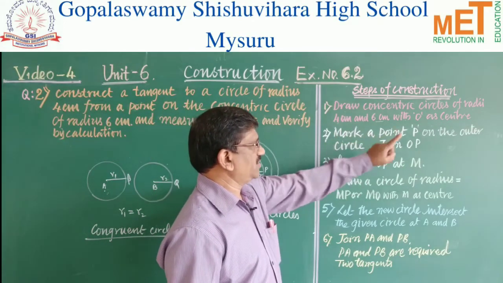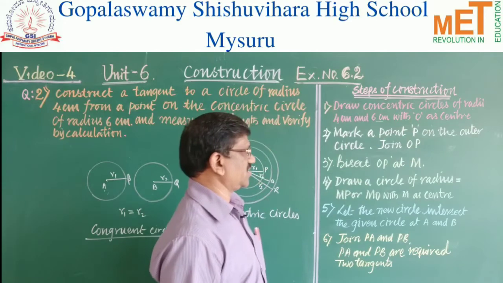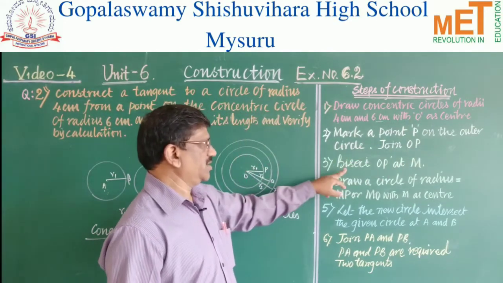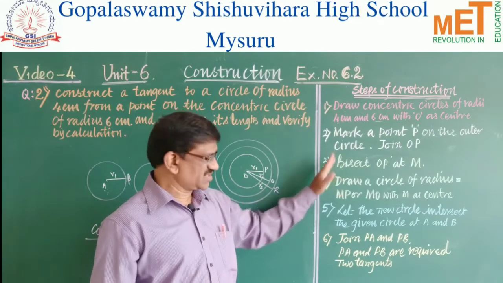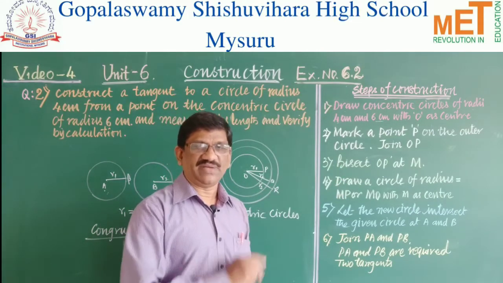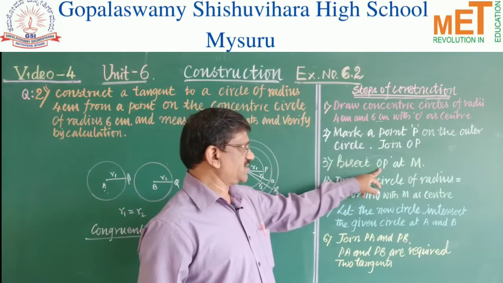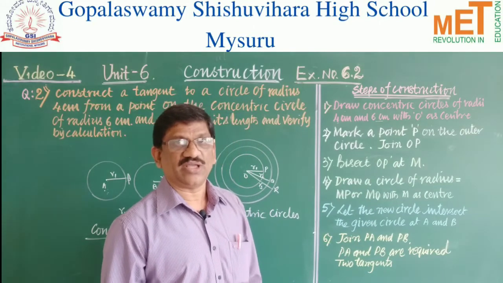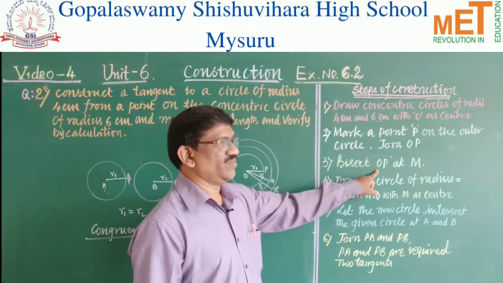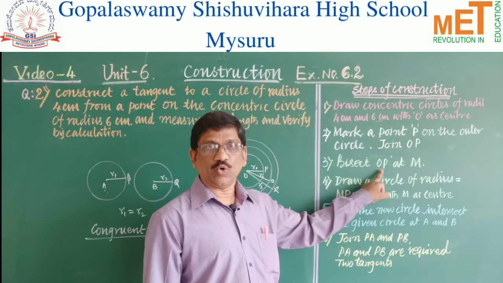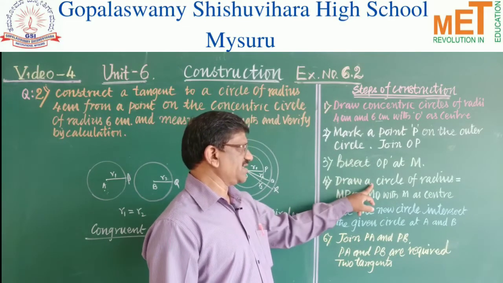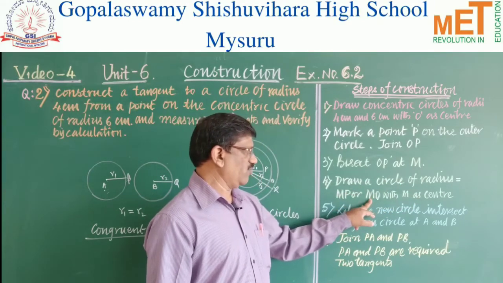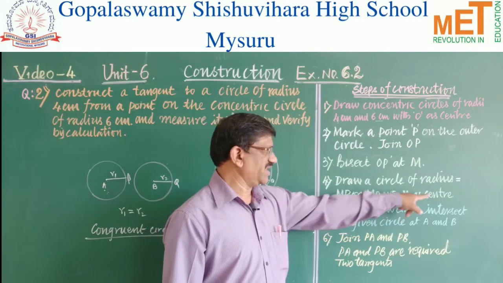Make a point P on the outer circle and join OP. Next, the remaining steps are the same as we did in the previous sum. Bisect OP at M. So you have to draw a perpendicular bisector for the line segment OP, and then draw a circle of radius MP or MO with M as a center.